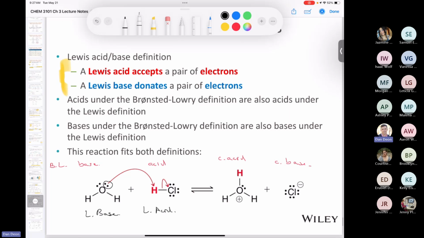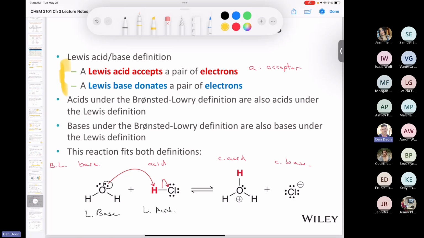All right, so again, the definition of acid and base, whether it's Bronsted-Lowry or Lewis, just broadens the definition, is all it does, okay? So you have to remember that a Lewis acid is an electron acceptor. A Lewis base is an electron donor. I think the easiest way to remember this is acid is acceptor.